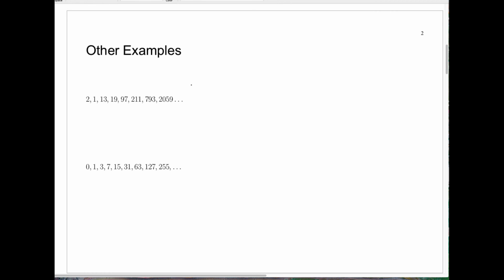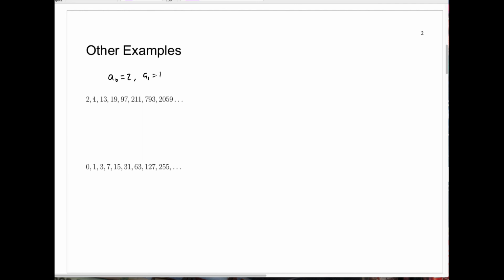Let's look at just some other examples of recursively defined sequences. Here's one which looks like a bunch of strange random numbers, but I defined it in the following way. I'll use the term a sub naught to denote the first term we have there. I'll say a sub naught is 2, a sub 1 is 1.